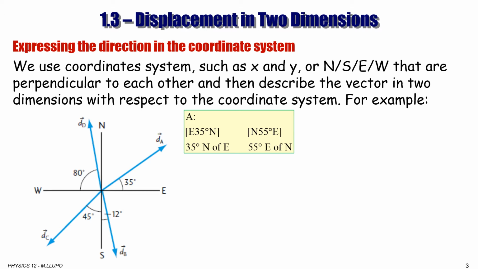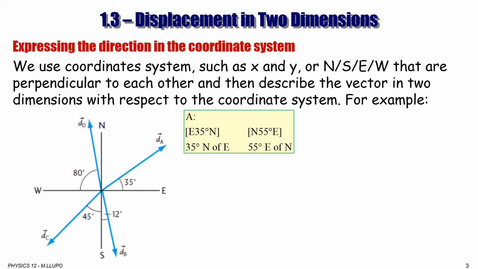So those two directions with a square bracket are mostly used in physics. But in everyday speech, we don't say it like open bracket, east, 35 degree, north, close bracket. We just say it as 35 degree north of east.